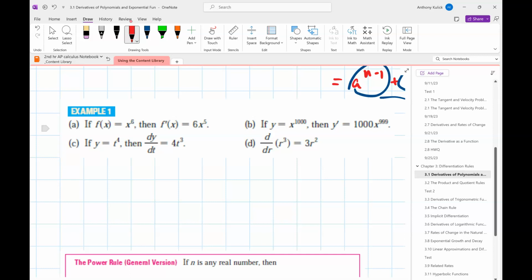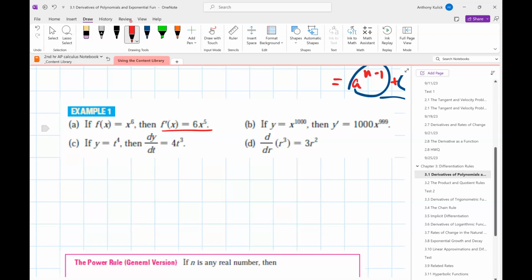You did it in your head. It was a 3-second problem. If we have x to the 1,000, the derivative is 1,000x to the 999. The exponent moves to the coefficient, and we subtract 1 from the exponent.